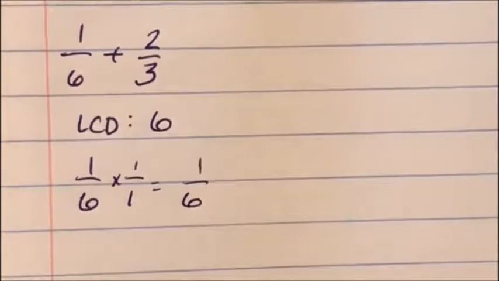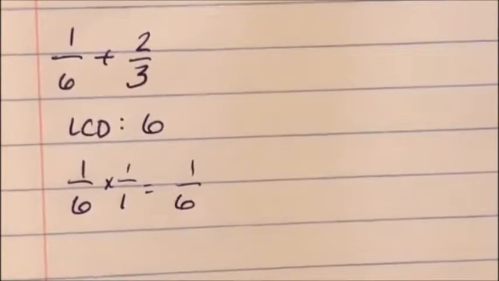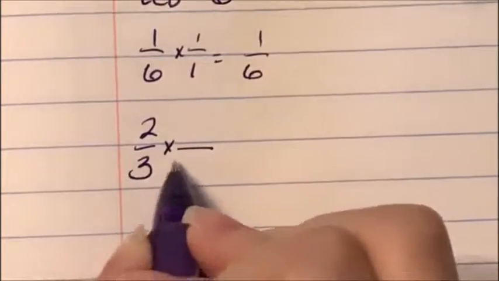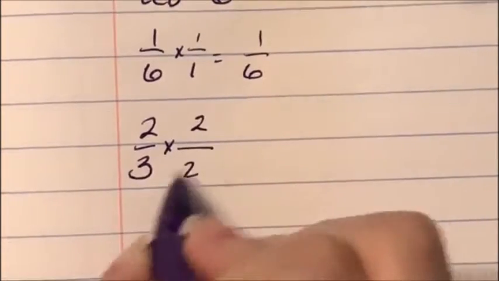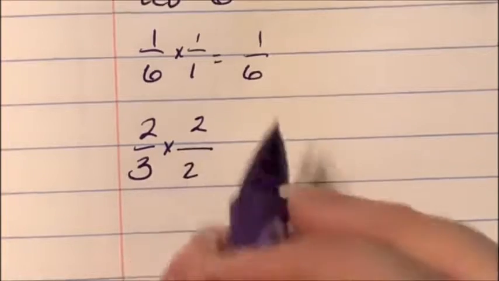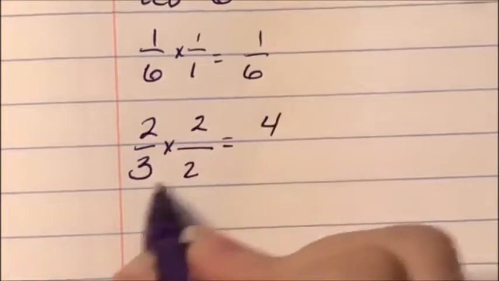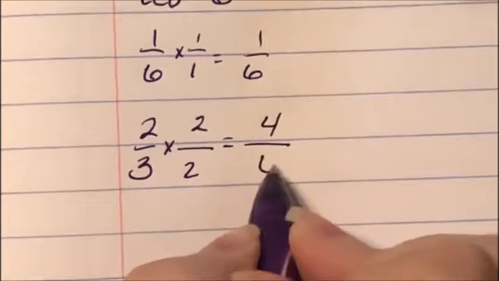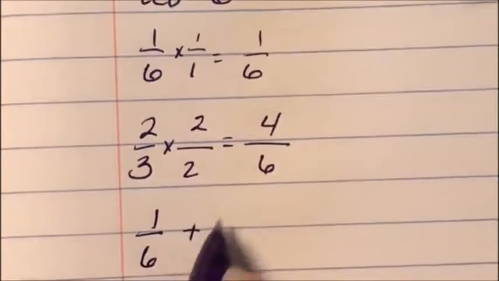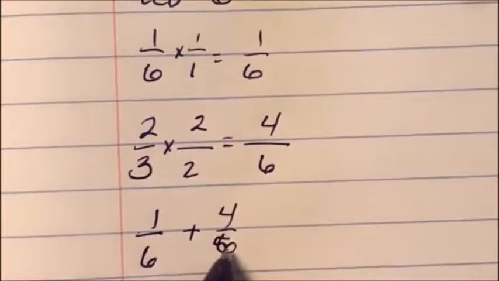And I get 1/6 still. 2/3, I need to multiply by 2. Whenever I multiply the denominator by something, I have to multiply the numerator by it. 2 times 2 is 4. 3 times 2 gives me 6. So now I have 1/6 plus 4/6.